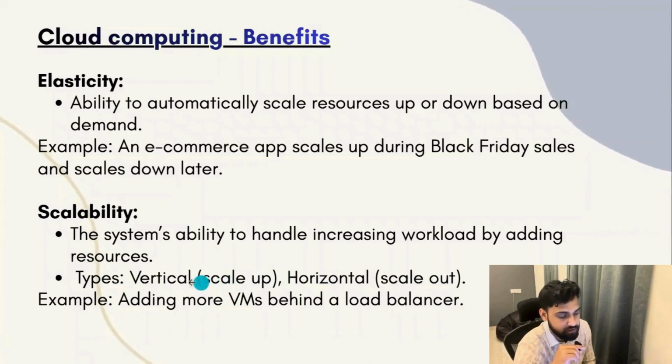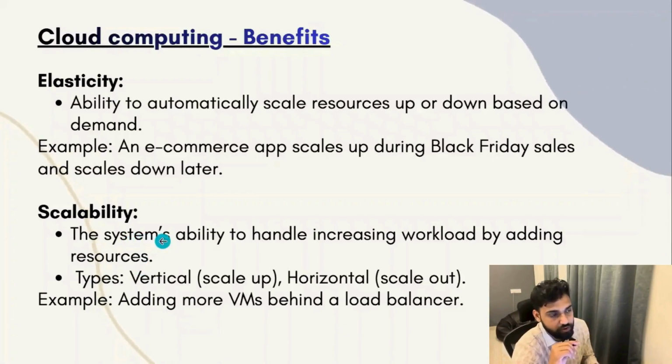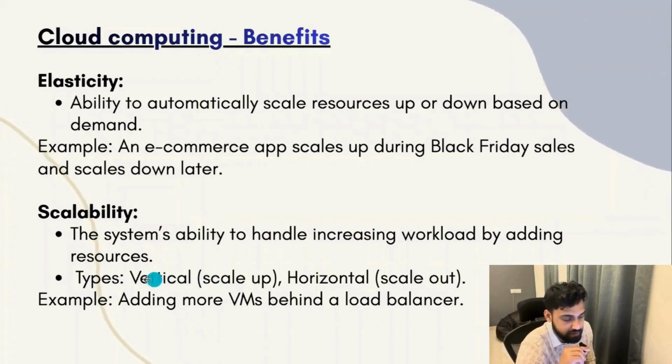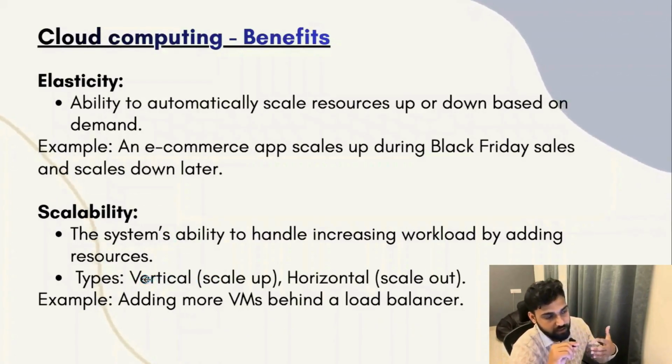In vertical scale up, suppose your server has 2 GB RAM, but later you know that the users on your website may increase, and you have to ensure that your server handles all that load. So you will do vertical scaling and increase the RAM from 2 GB to 4 GB or 10 GB.